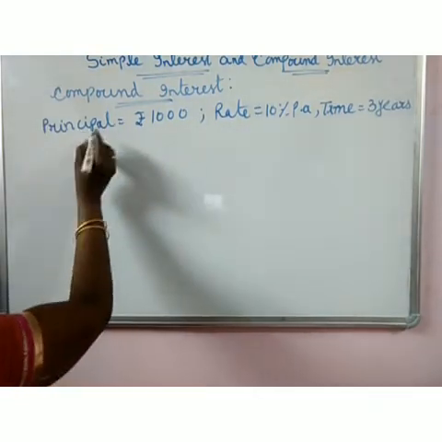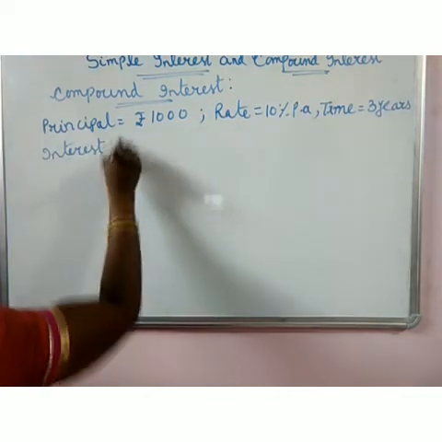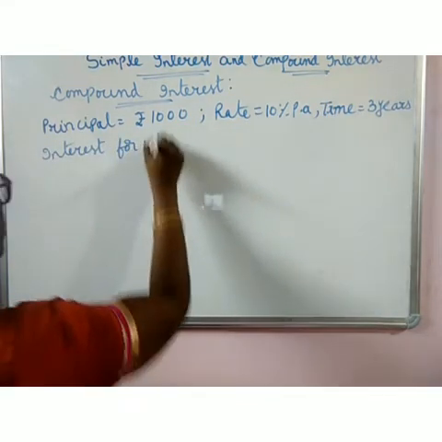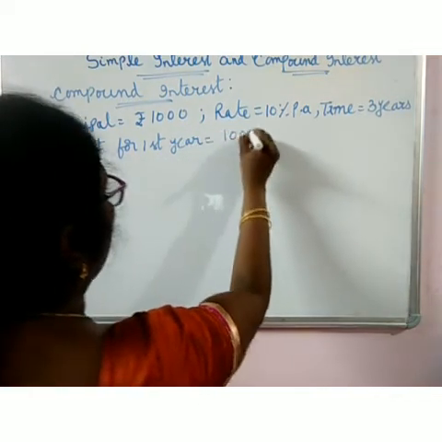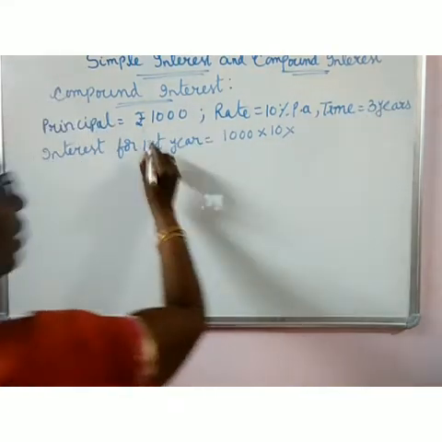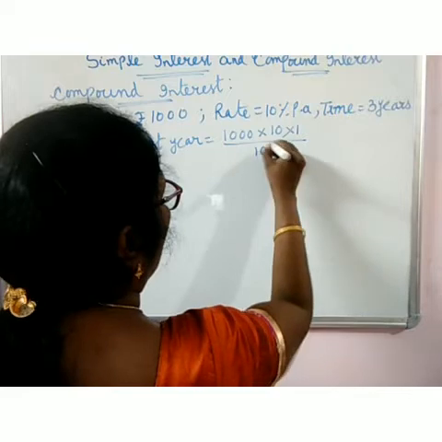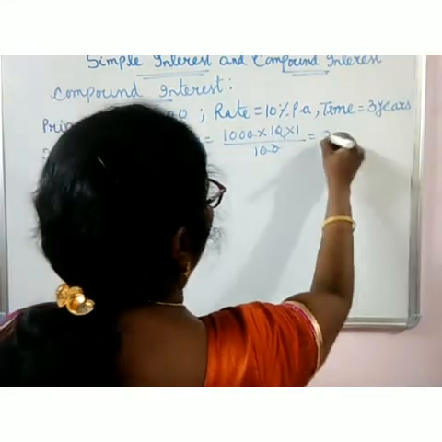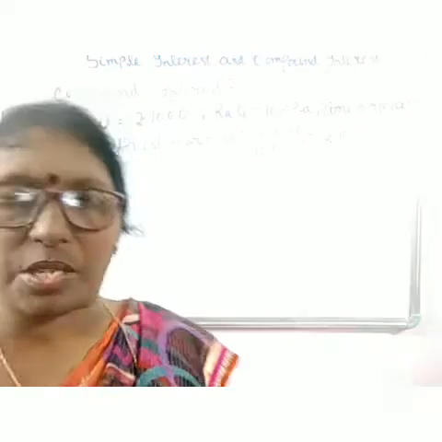For the first year, interest for first year equal to principal 1000, rate 10, time is 3 years, but for the first year, for that year we are finding. So 1 year 100. You will get 100 rupees is the interest for the first year.